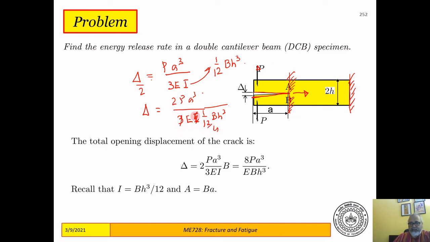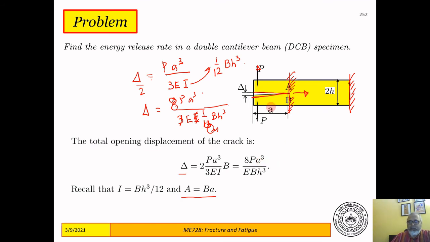This cancels, you get 4, so you get 8 here, and then you get 8P a cube by E b h cube as delta. The crack area is again b times a.